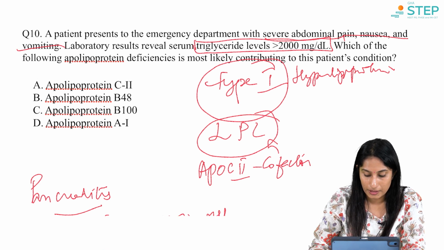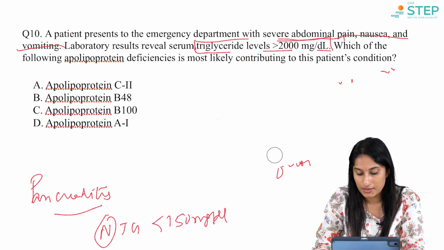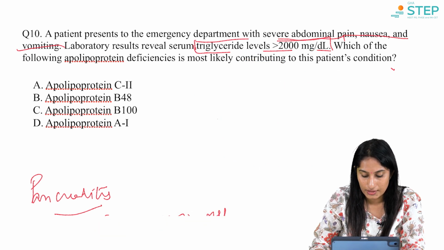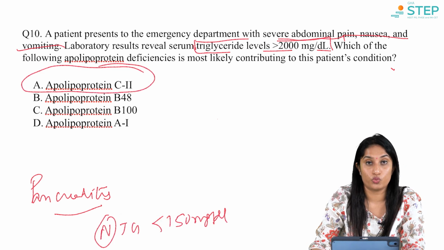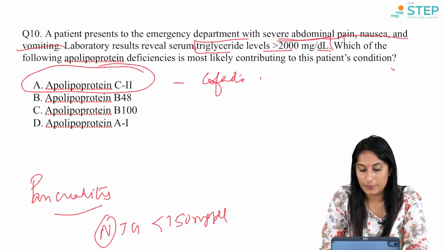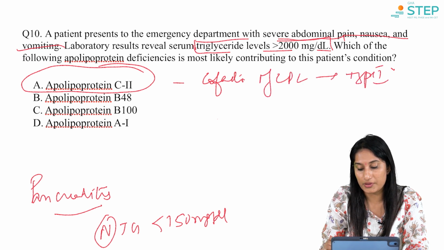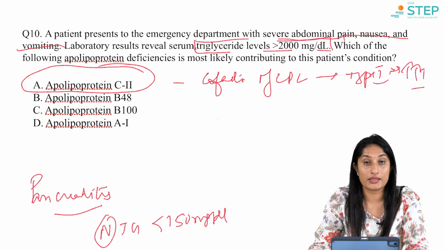So, coming back to our question, what is the correct answer? The correct answer is apolipoprotein C2, because it is a cofactor of LPL. Deficiency will cause type 1 hyperlipoproteinemia, which causes massive TG increase.